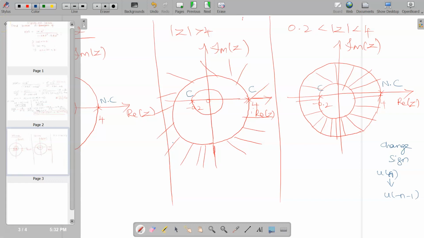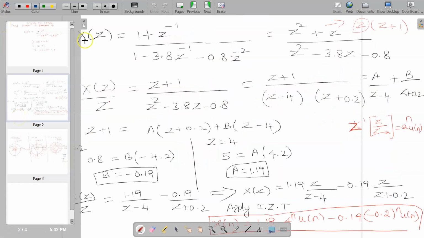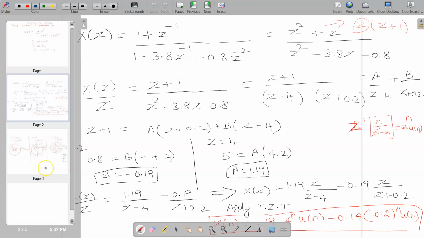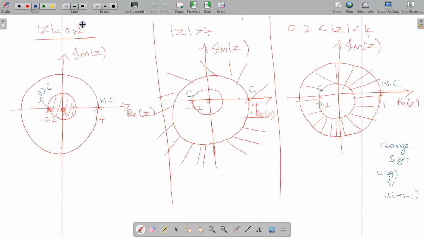Now come to the expression we have obtained here. The expression x of n is 1.19 times 4 power n u of n minus 0.19 times minus 0.2 the whole power n u of n.